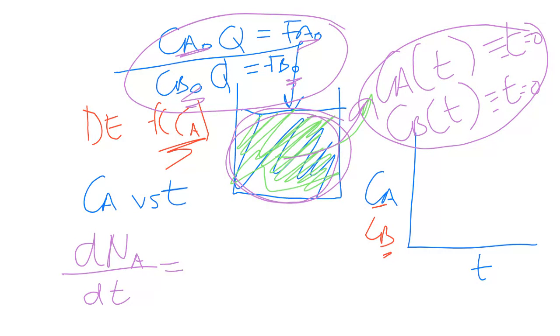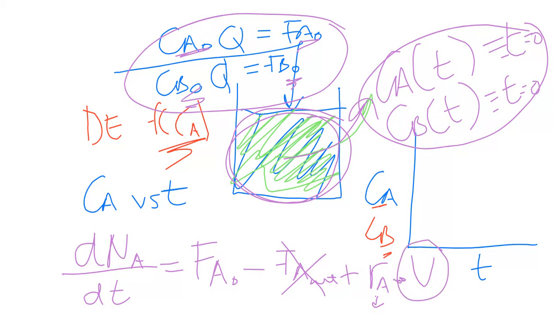That is equal to what is coming in of A, what is going out, and in this case it is 0, so there's nothing going out, plus the rate at which A is formed or consumed, and of course the sign of your rate equation will fix that, multiplied by the volume. But now this volume is also something that is changing. So I need the concentration only to calculate the rates.